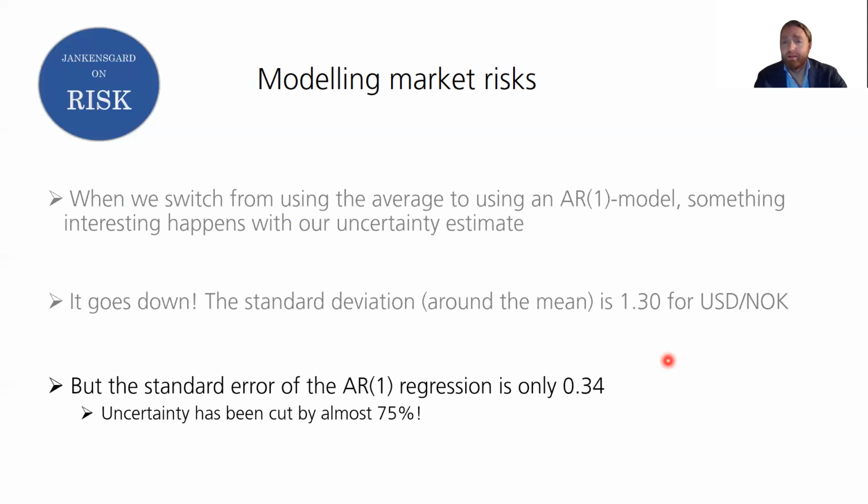That's quite a bit. And it makes sense if you think back to what happened to the forecast errors as we moved from using the average to using the most recent period's price. So this only reflects this improvement in forecasting ability.